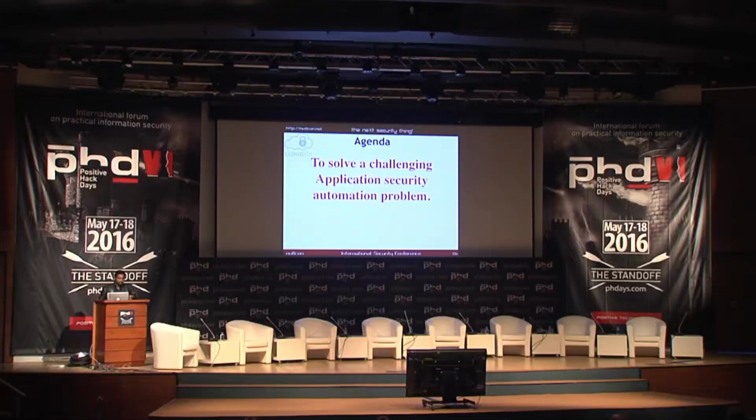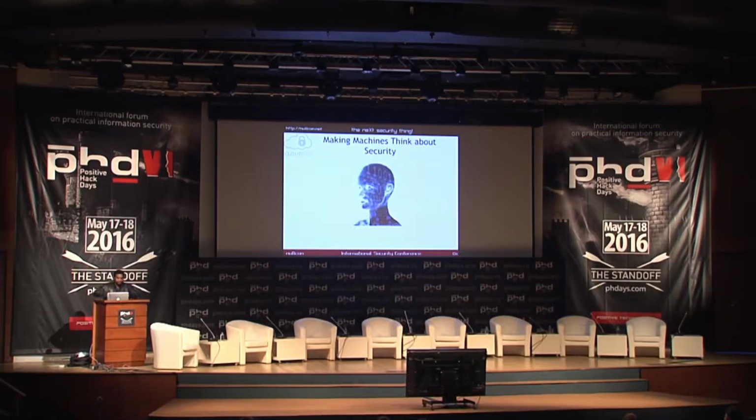I'm here to explain how we solve the challenging web application automation problem using artificial intelligence and machine learning. One of the things we've been trying to solve is making machines think more like humans.